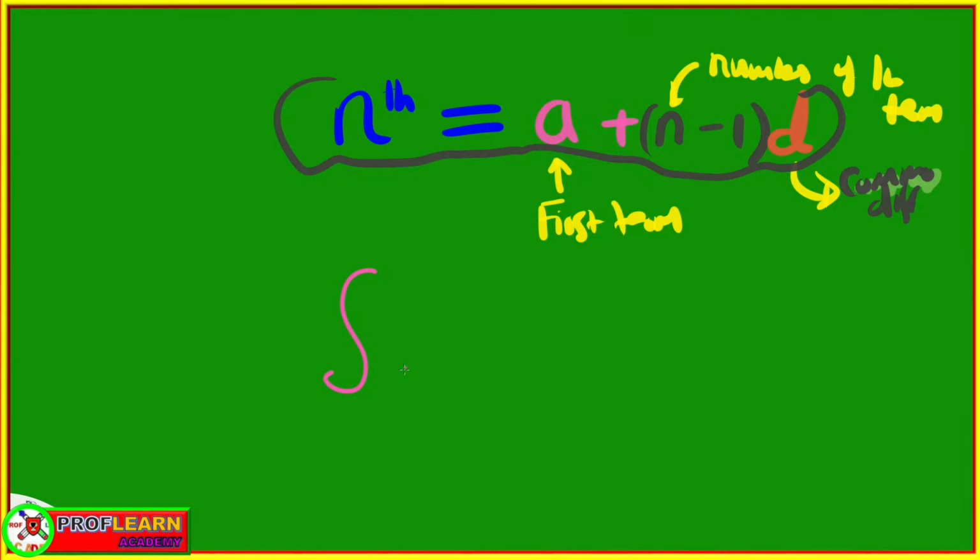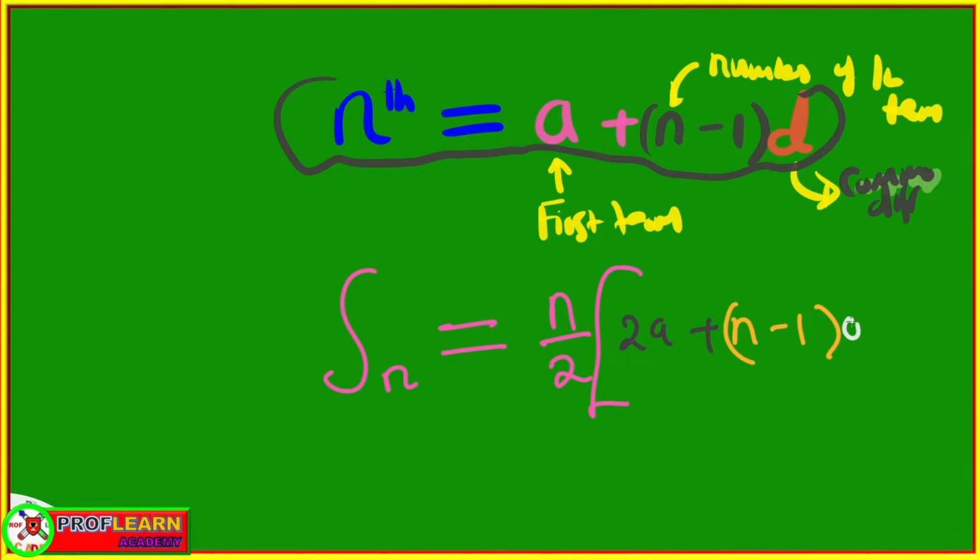The sum of a given number of terms is given by S equals n over 2 into (2a plus (n minus 1) d).